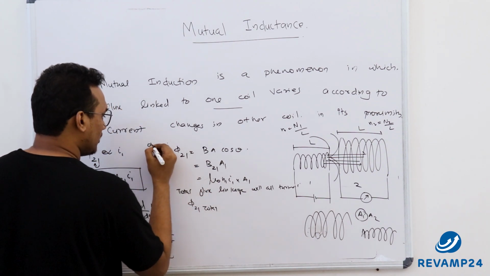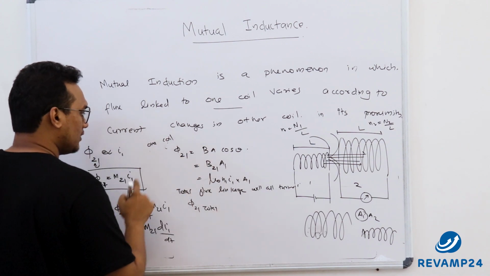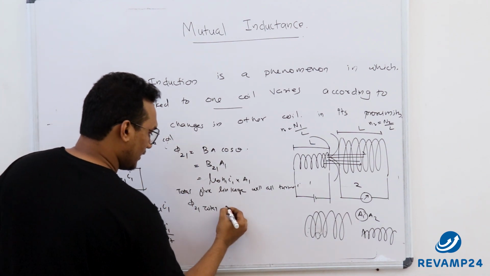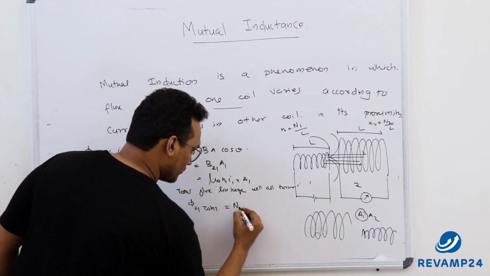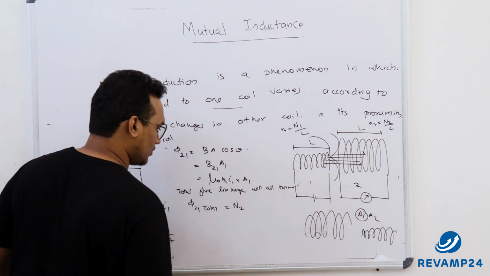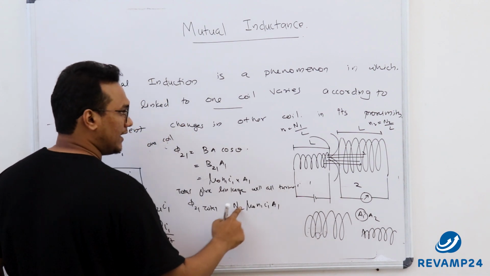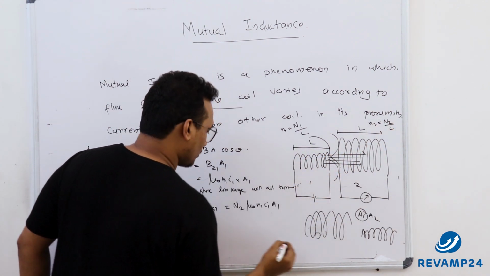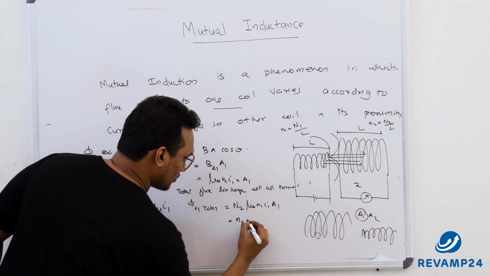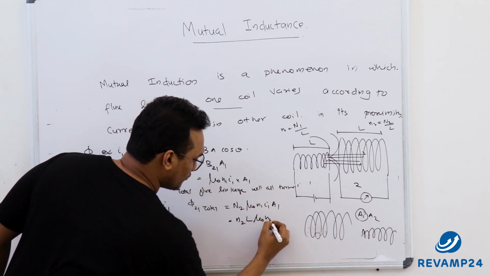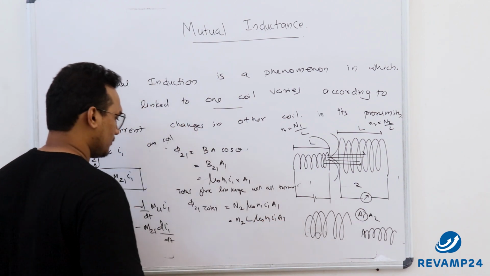This is with one coil, okay. In the derivation you have to mention one coil and total, that is this multiplied by N2, because that is going to get linked with N2, right? Mu 0, n1, I1, A1. Now N2 can be written as small n2 into L. Small n2 into L, mu 0, n1, I1, A1.